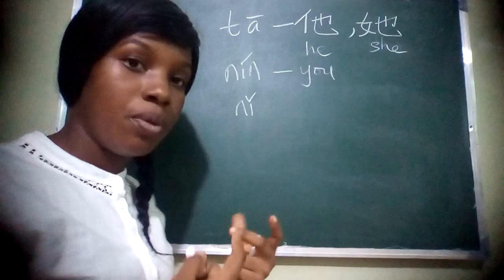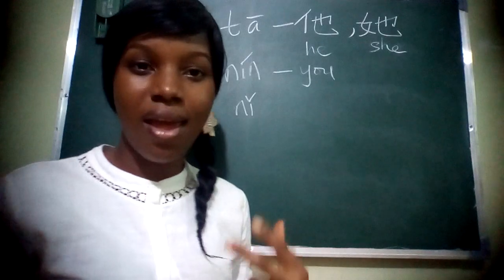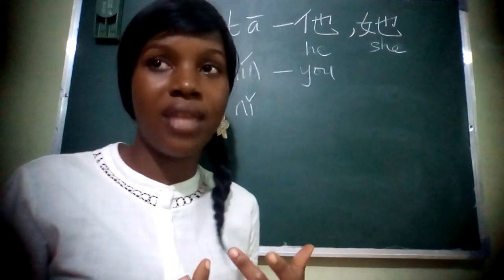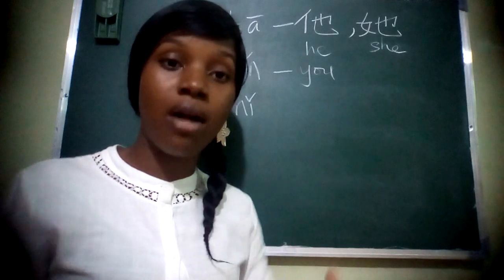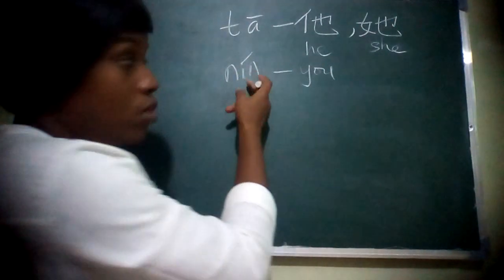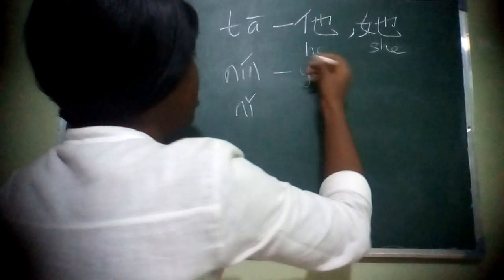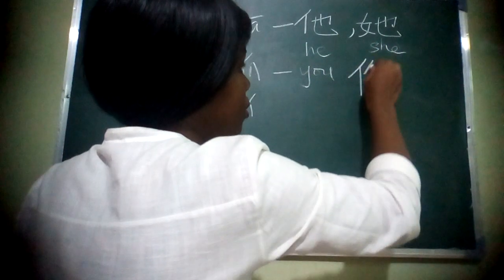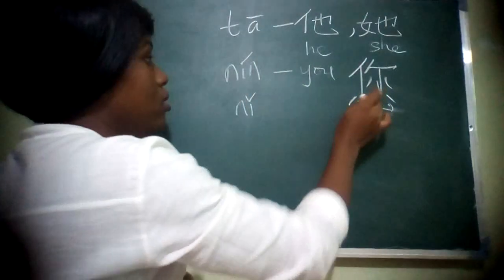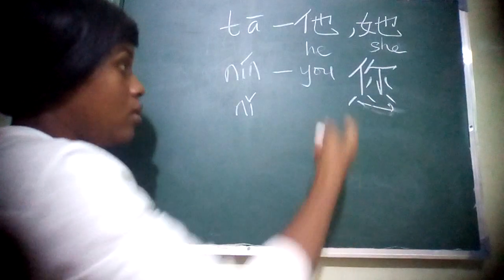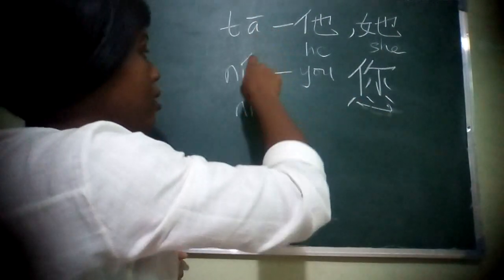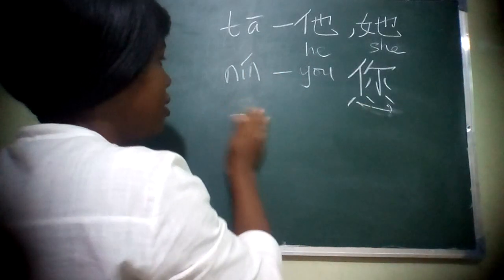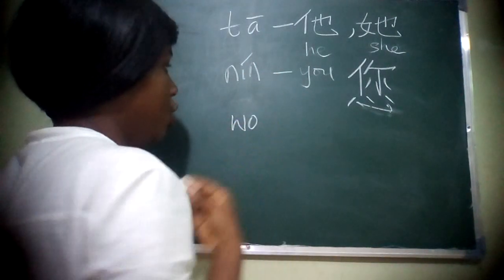But this one is when you're trying to be polite, maybe when you're talking to an elder or someone that you have a formal relationship with, you mostly use this, which the character is this. Sorry. This is nin. This stands for you. So ta, nin, and then wo, which is I or me.